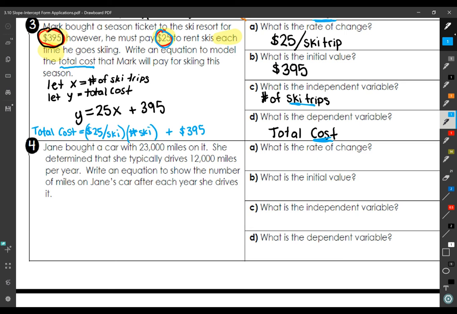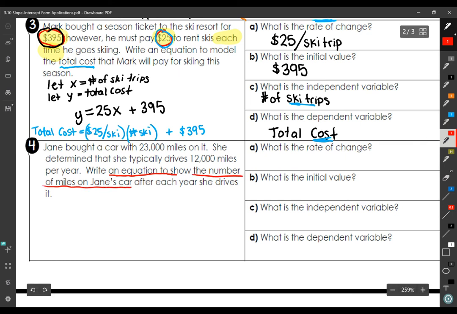Okay, this is a little bit different, right? So let's find our dependent variable. And our question will tell us what that is. It wants us to write an equation to show the number of miles on Jane's car. So that is our dependent variable.